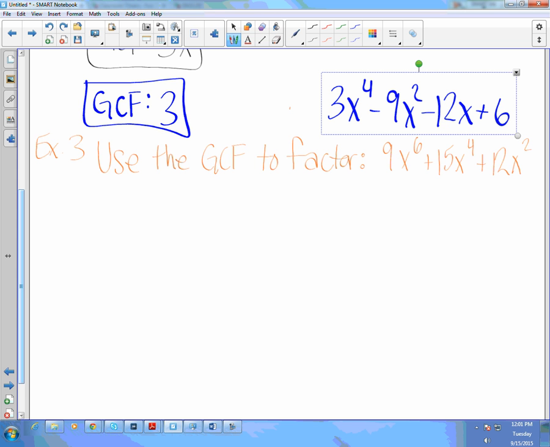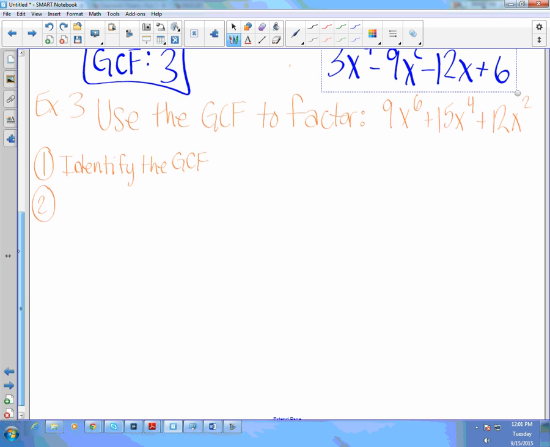Okay, so it's essentially 3 steps to do this. The first step is to identify the greatest common factor, which we just did a problem like that.